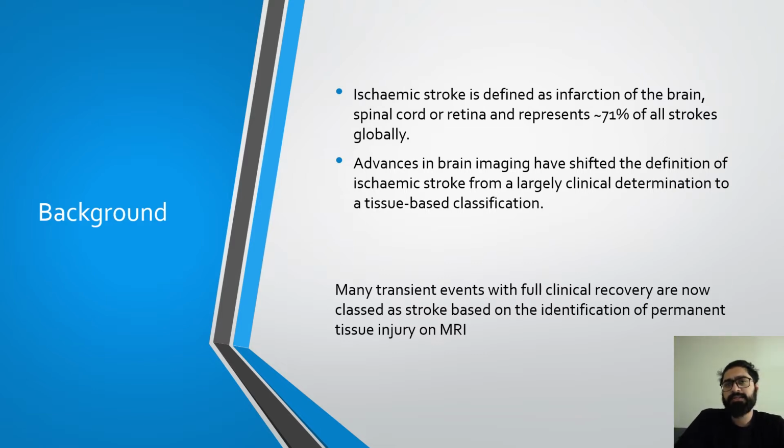But now with the latest technology and MRI getting more computational power, we are able to describe tissue infarction on these imaging and scan technologies. So mostly the definition has shifted in that regard.